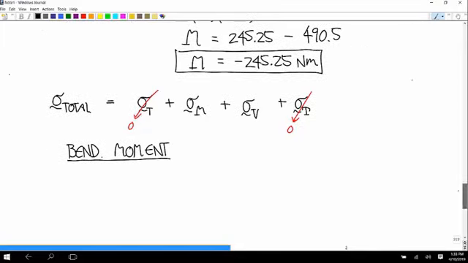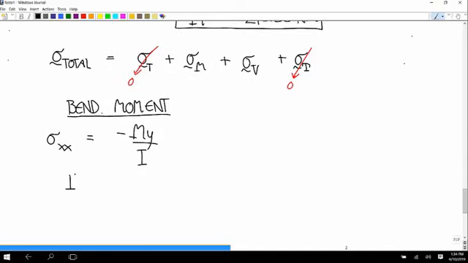Okay, so for bending moment, we know sigma xx is equal to negative My over I. We have to calculate that I. It's a rectangle.